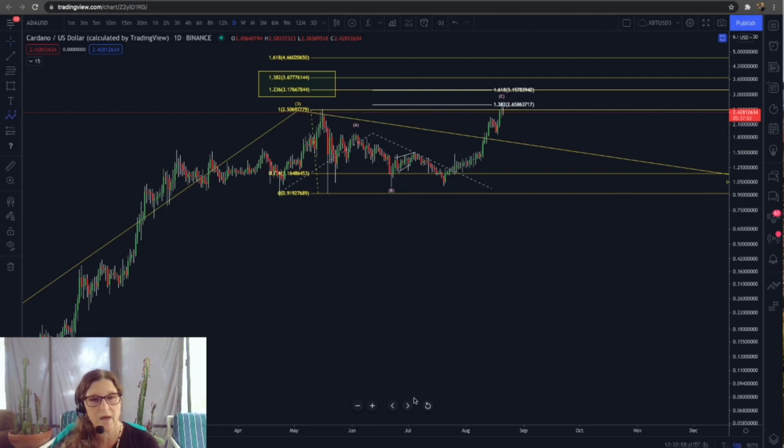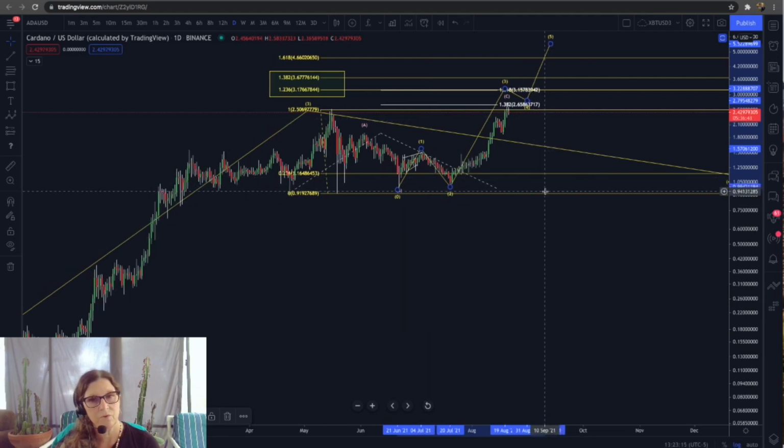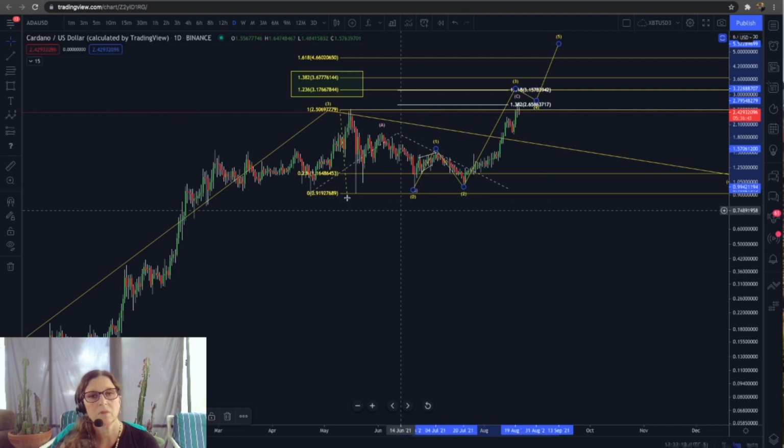And what's actually happening here is this is the start of the 5th wave, and this is a 1, 2, 3, 4, and 5 will break up and go past this 1.618. Okay, so be careful of that with ADA, that the expanded B can happen. You can go up into this pocket and come down pretty violently with a C. So protect yourself if you're in a long for this to happen.